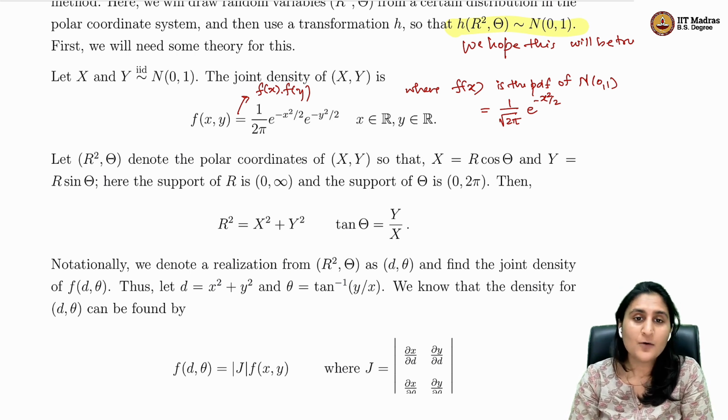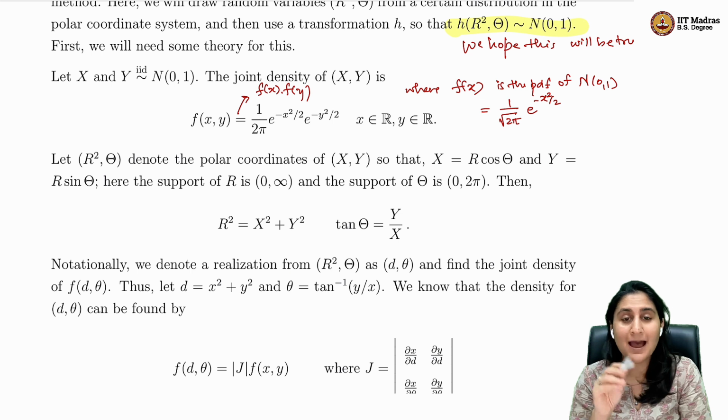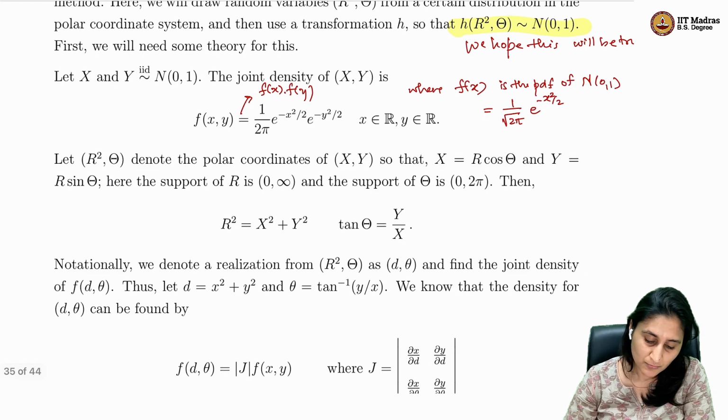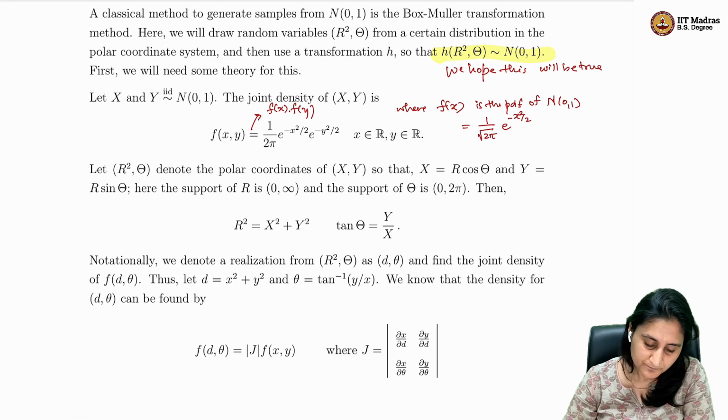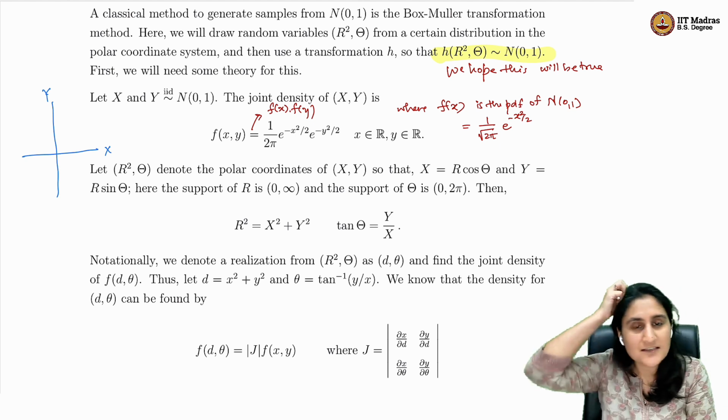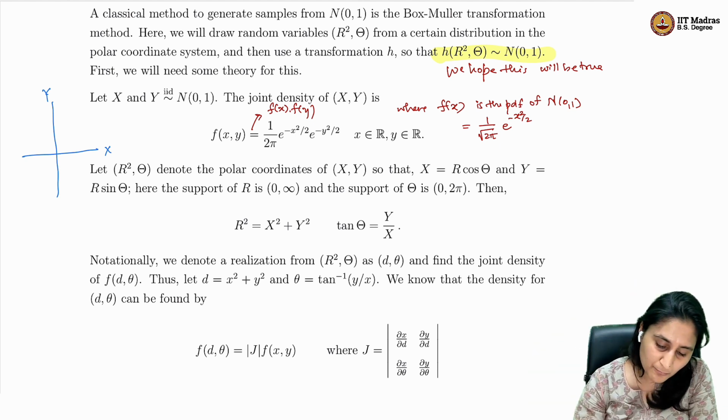All right. Now what I'm going to do is map X and Y, which are in Euclidean coordinates, to their corresponding polar coordinates. The idea is that if I have axes, this is my x-axis and this is my y-axis, and I have a point over here.